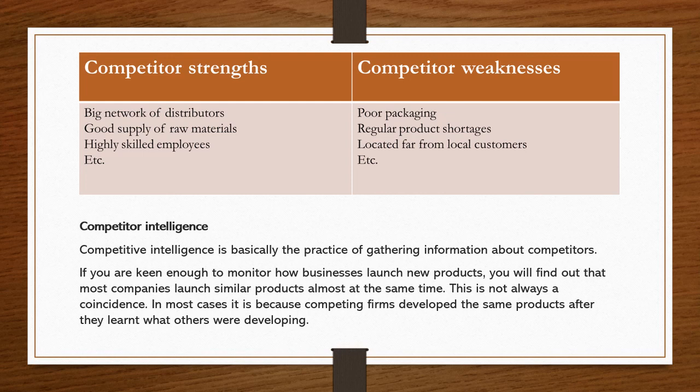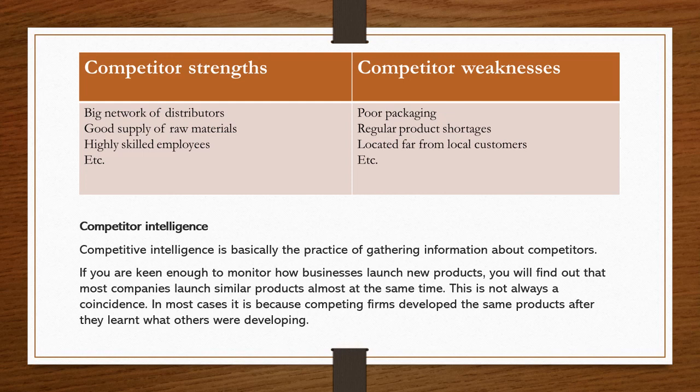So that cannot happen just by mistake or by coincidence. So in most cases, it is because competing firms may have a keen interest in knowing about what other companies are doing by collecting information or carrying out what we call competitor intelligence on them.